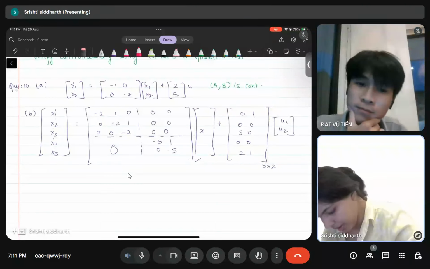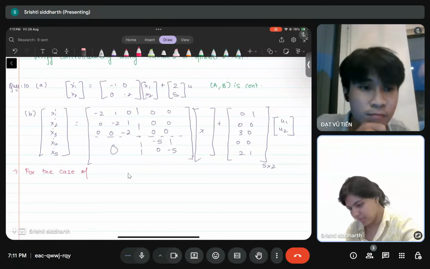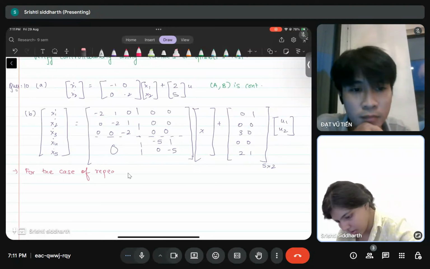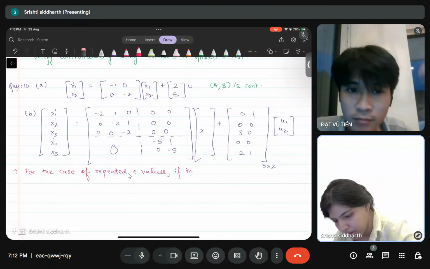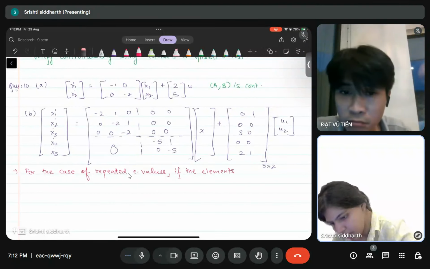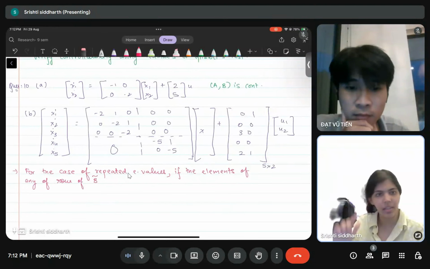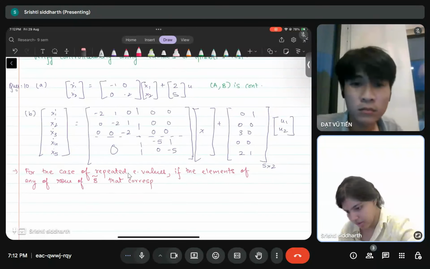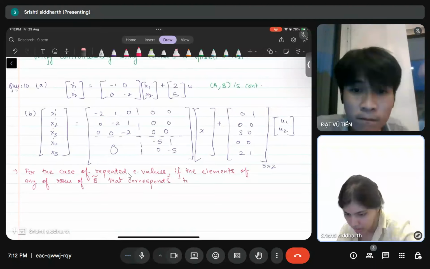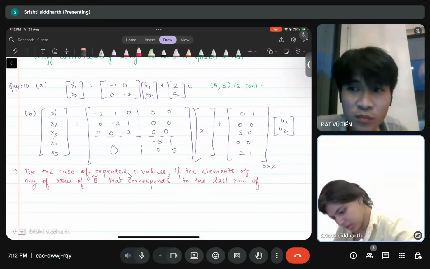I'll just write down the rule and then we can check. For the case of repeated eigenvalues, look at the elements of the rows of B. In this case, I'm going to name this B tilde, the diagonalized system, that corresponds to the last row of each Jordan block.